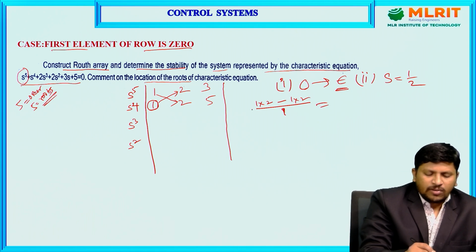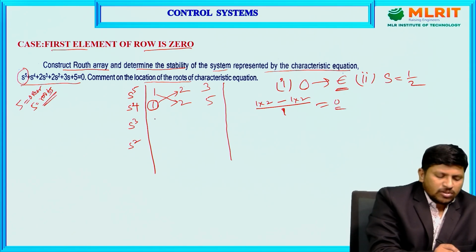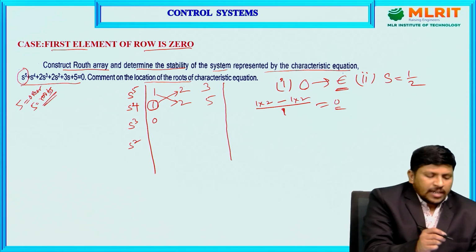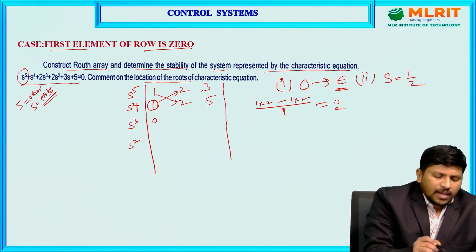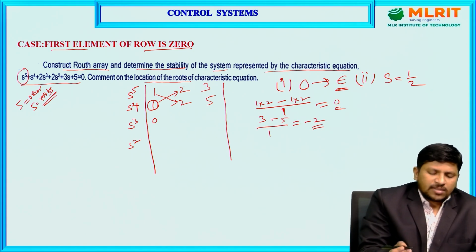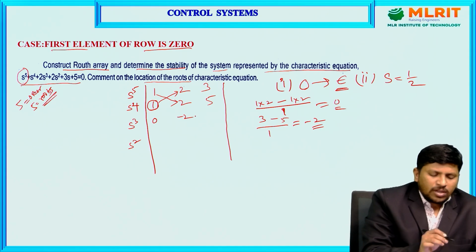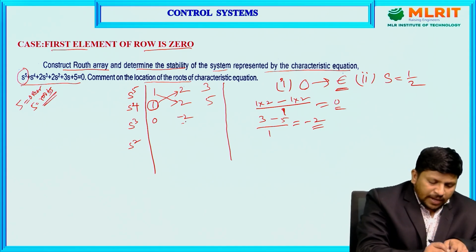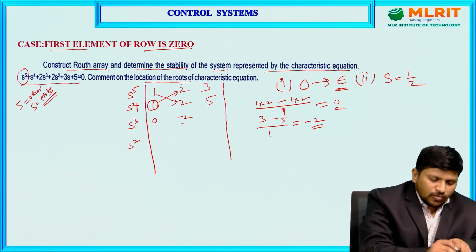What is the value? 2 minus 2 is 0. So the first element of the s cube row is 0. Next, 1 into 3 minus 1 into 5, divided by 1. What is the value? 3 minus 5 is minus 2. So here it is minus 2. Next, observe, for this element, just remove these two values.